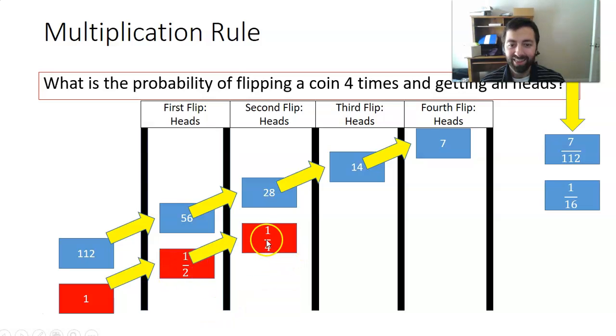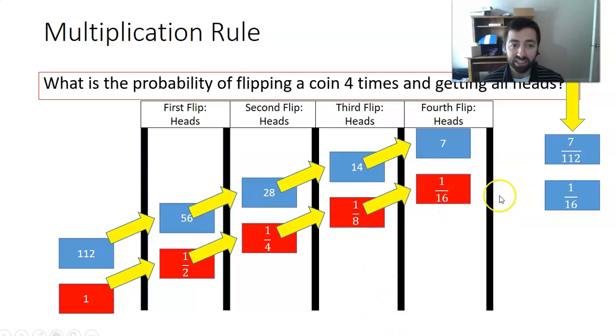And how many the third time around? Half of this 1/4. What's half of 1/4 but 1/8? So only 1/8 so far have flipped heads 3 times in a row, or in other words, 14 out of 112, that would be 1/8. And how many of these people would we expect to get heads on the 4th time? Well, half of 1/8, or 1/16, which is exactly what we have right here.